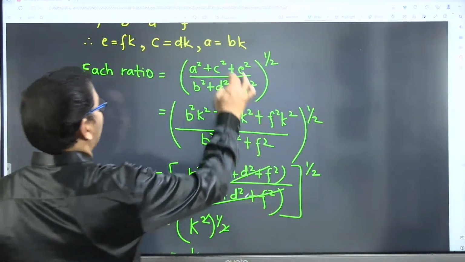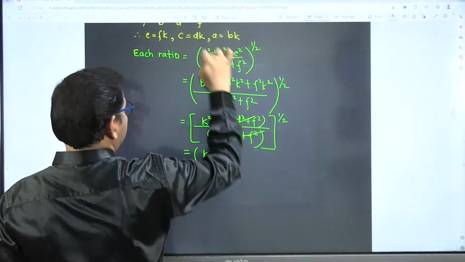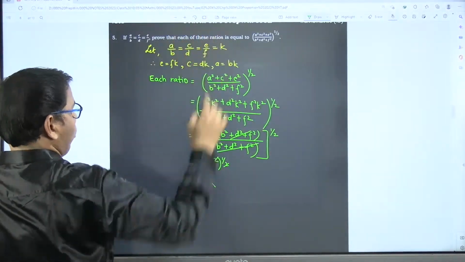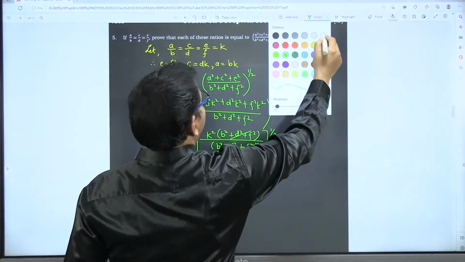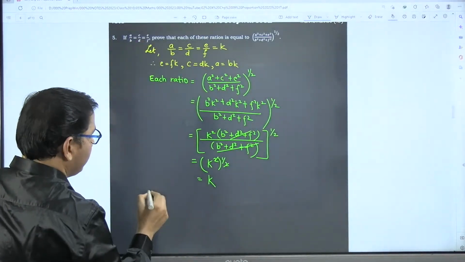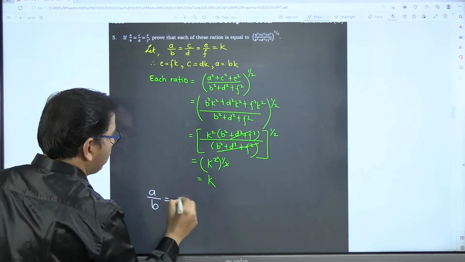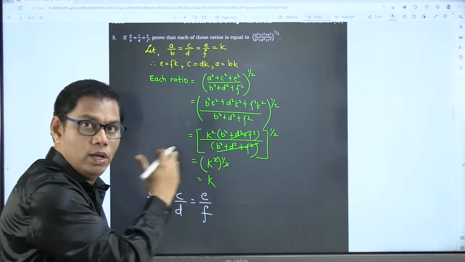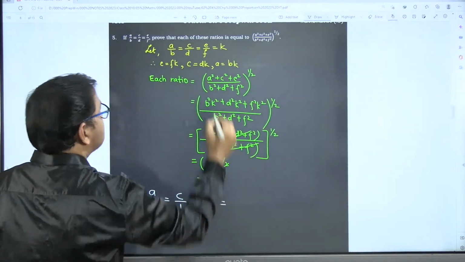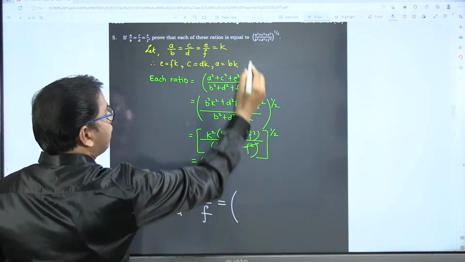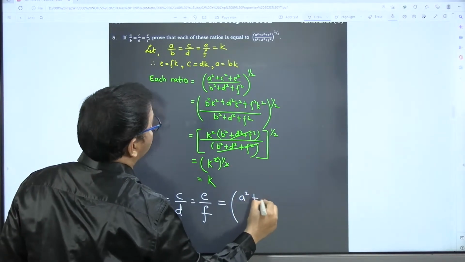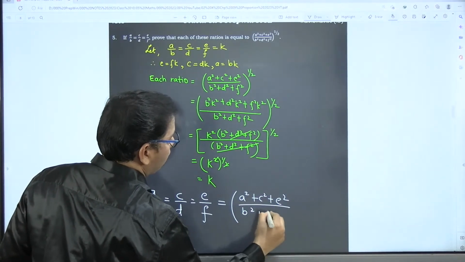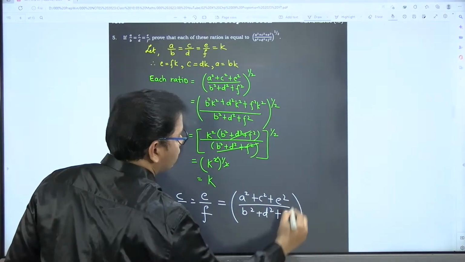So what was my question? Each ratio is equal to this. Each ratio I have considered as K. So if I want to write it in a simplified way, A upon B is equal to C upon D is equal to E upon F, each ratio which I assumed as K is equal to this: A square plus C square plus E square upon B square plus D square plus F square raised to half.